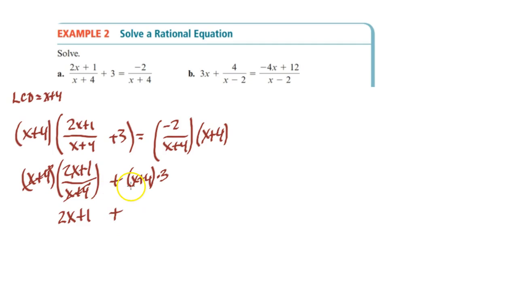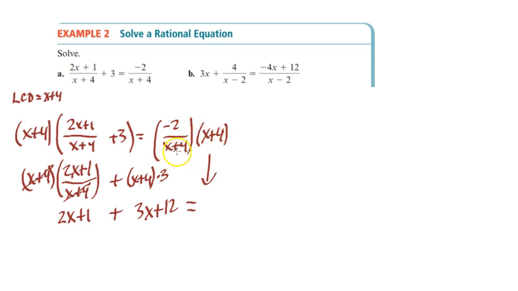And then we add the x plus 4 times 3, which is 3x plus 12. You distribute the 3 through the parentheses. And now the right side of the equation, we'll bring that down here.